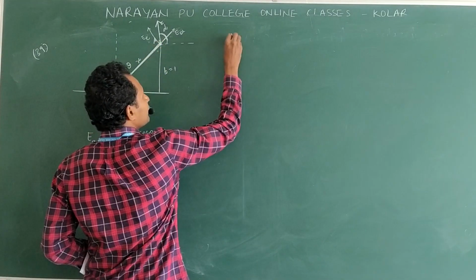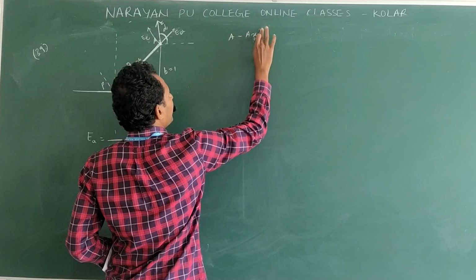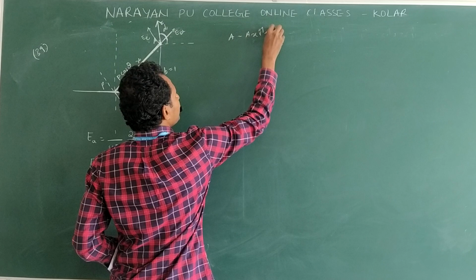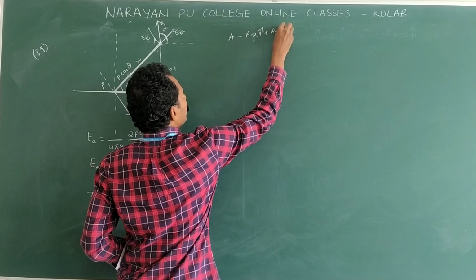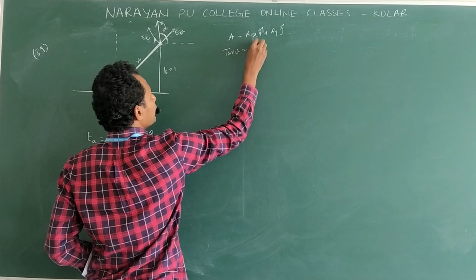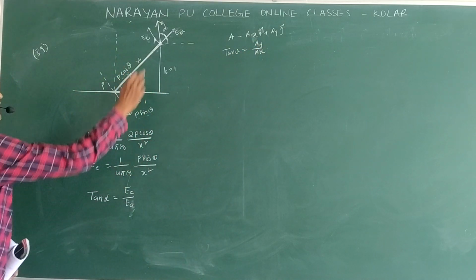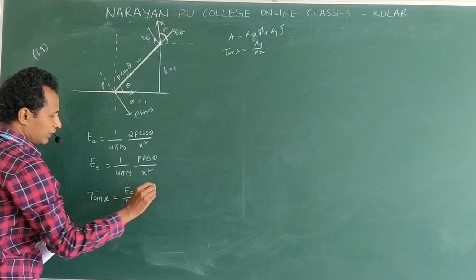Let us say A is a vector Ax i cap plus Ay j cap. With x-axis formula, what is that? Tan theta is equal to Ay by Ax. Similarly, I am following this.